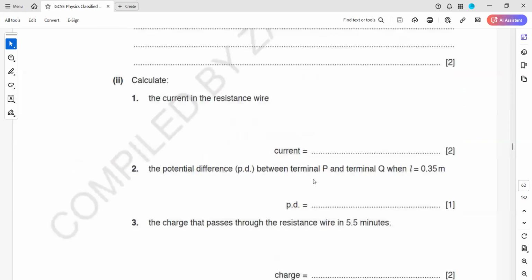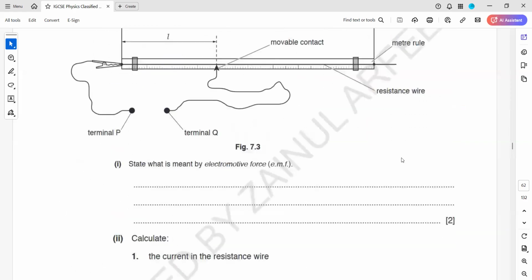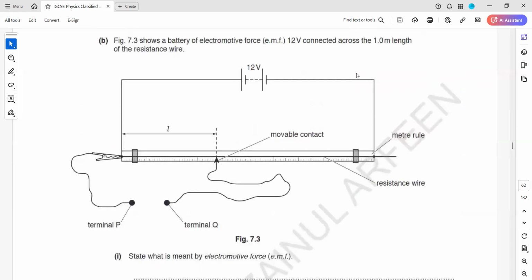The next is the potential between P and Q when the length is 0.35. Look, the voltage and the resistance are directly proportional, and voltage and the length also are directly proportional. When the voltage is 12, what is the total length? 1 meter. When the length is 1 meter, it has a voltage of 12.